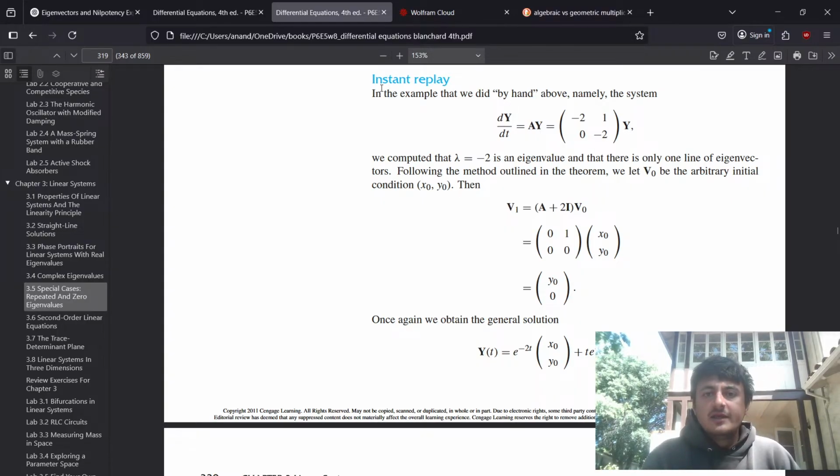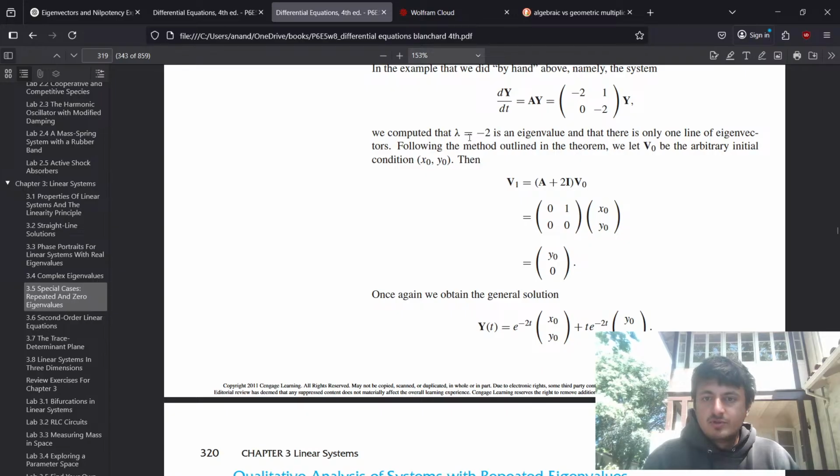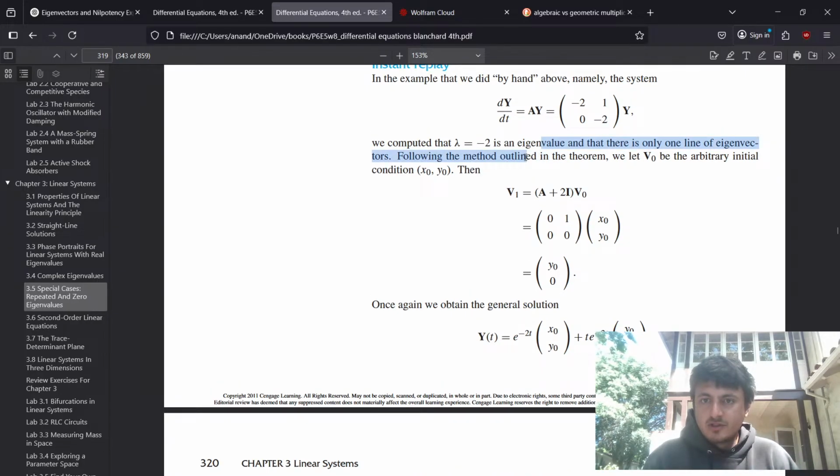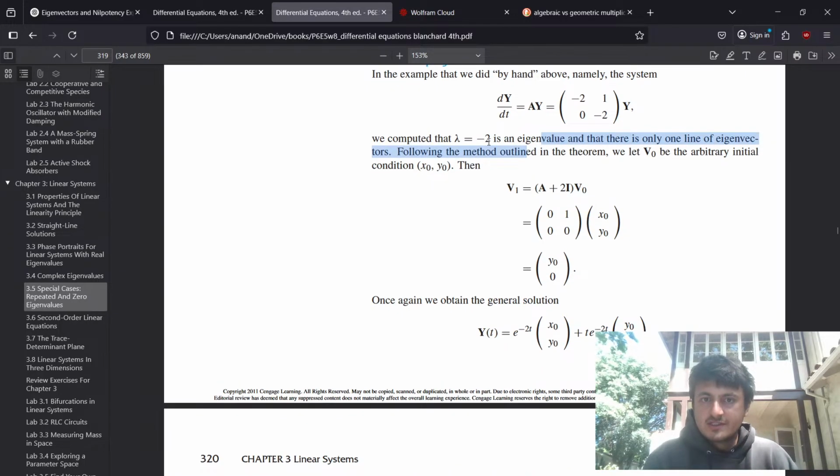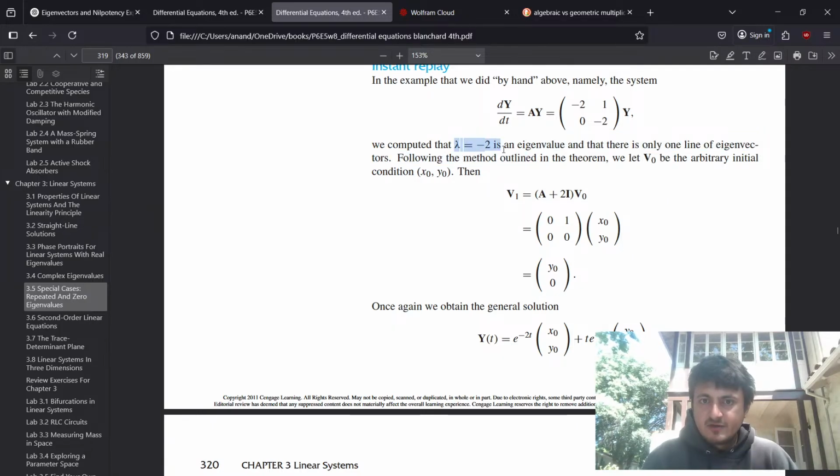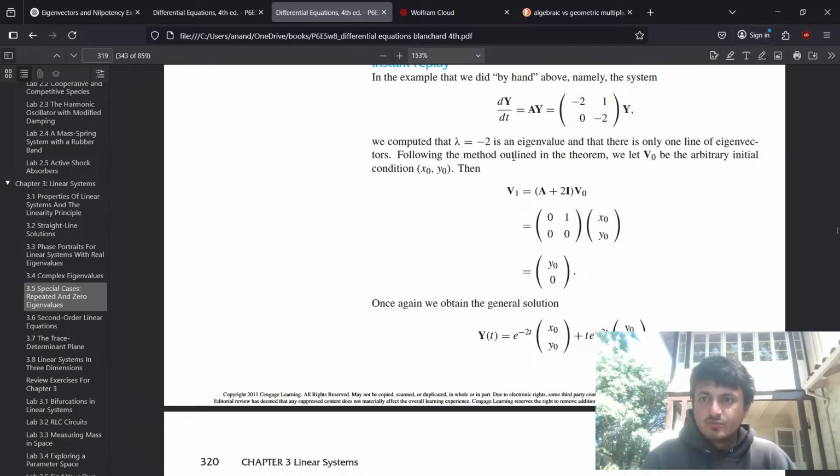Instant replay. In the example that we did by hand above, namely this system, we computed that we have one eigenvalue. So what this is saying is we have lambda equals -2 and only one, and the geometric multiplicity of this eigenvalue is 1. That's what this means, one line of eigenvectors. Following the method outlined in the theorem, we let V0 be the arbitrary initial condition x0, y0.